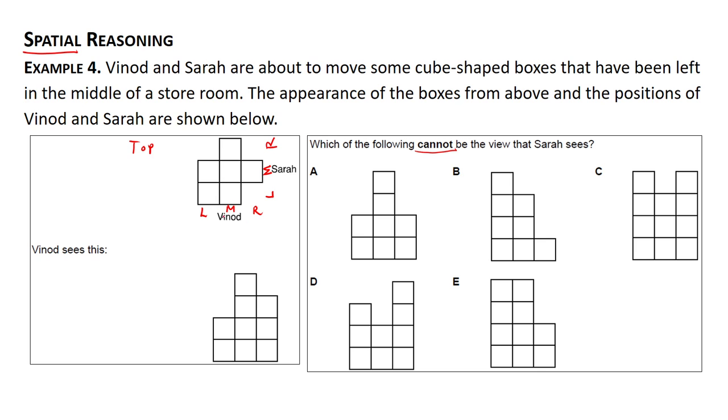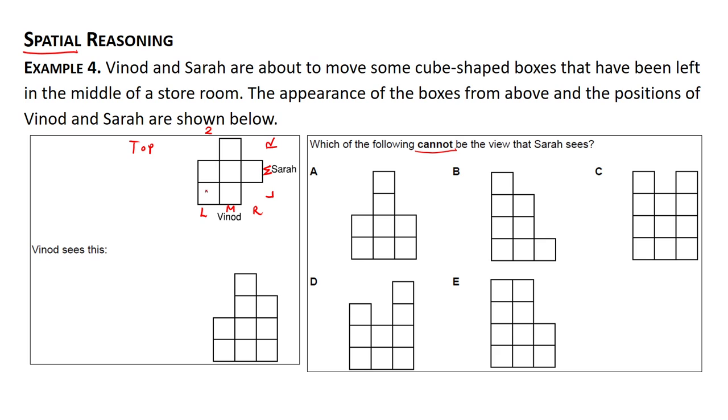Okay. Vinod sees this. So that means from Vinod's perspective, on the left, there are two blocks. So that means the maximum number of blocks on the left of Vinod should be 2.